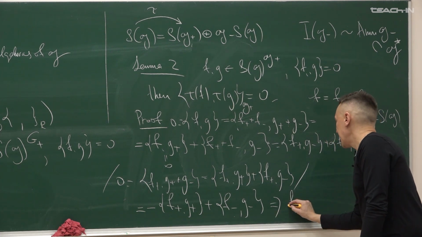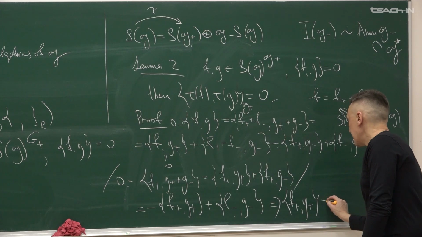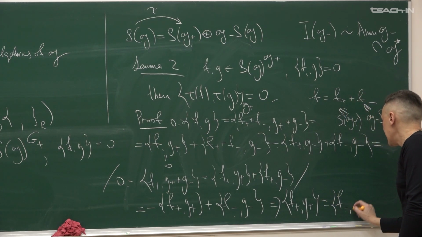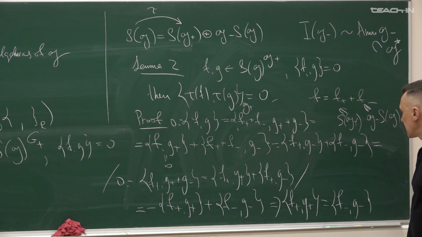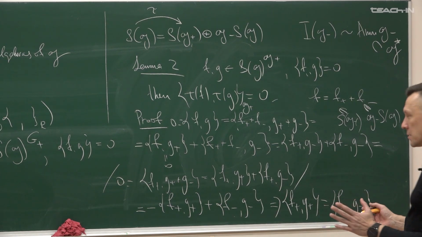It means that the bracket of f plus and g plus is equal to the bracket of f minus and g minus. Okay? But both sides of this equality are elements of additional subspaces.